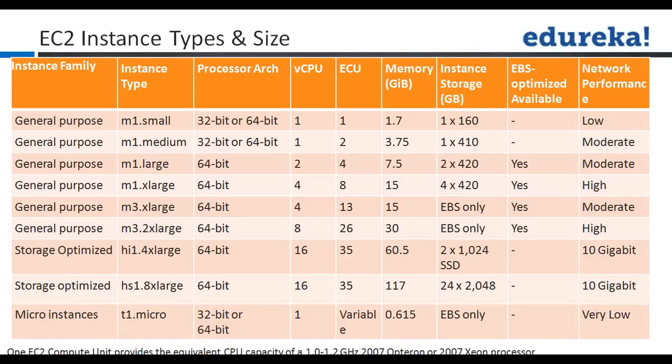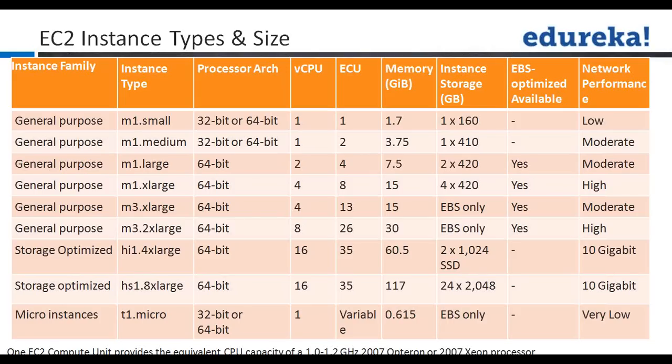Amazon has a benchmark against a 2007 Opteron or 2007 Xeon processor of 1 to 1.2 gigahertz. That means one CPU.